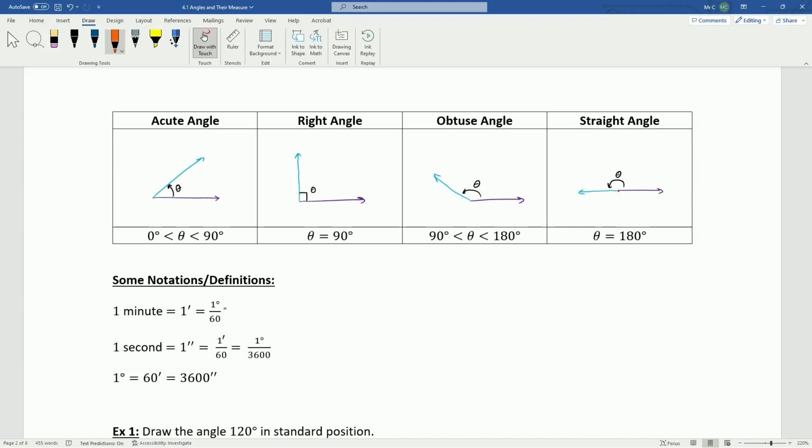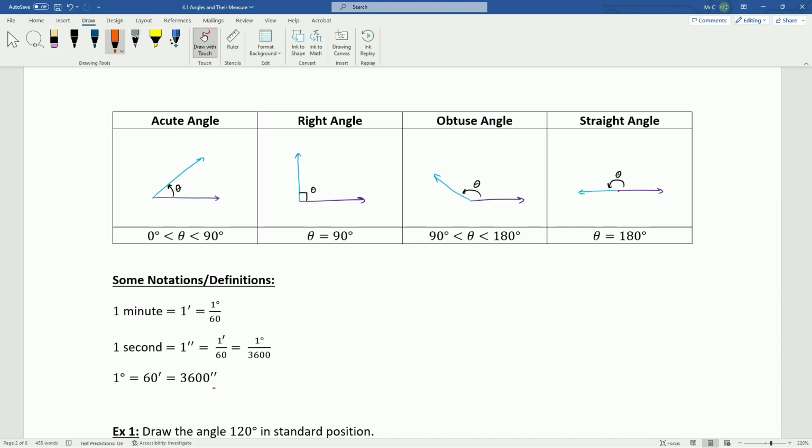So almost as if 1 degree is an hour, right? 1 minute is 1/60th of that. And 1 second, which has the two little apostrophe marks, is 1/60th of a minute. That makes sense. Which therefore makes it 1 over 3600 degrees. So another way to think of this is 1 degree is equal to 60 minutes, which is equal to 3600 seconds.